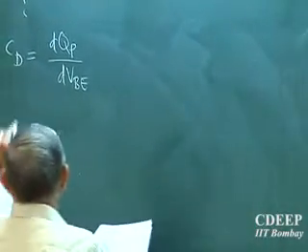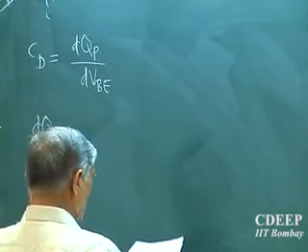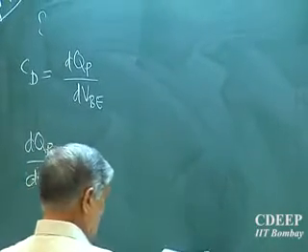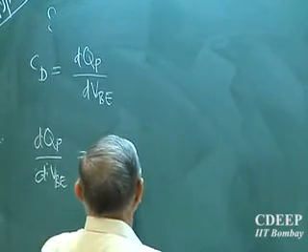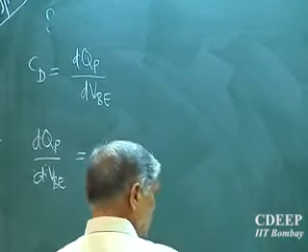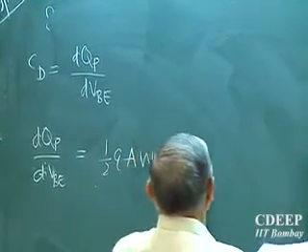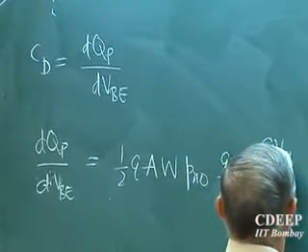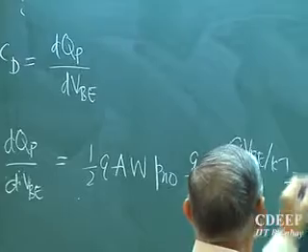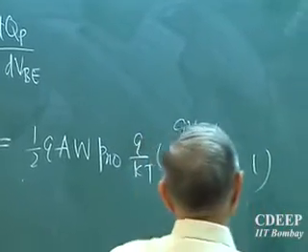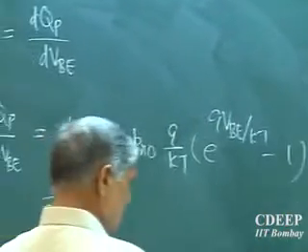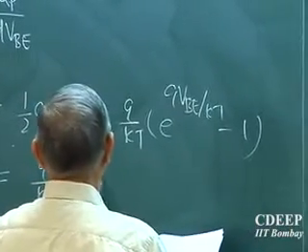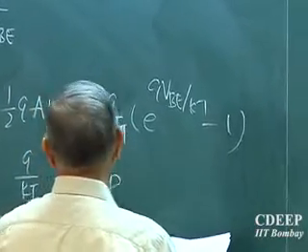So this dQ by dVB which I have, I directly write for you, is essentially half QAW PNO Q by kT e to the power QVB by kT minus 1, and since one is very small compared to the other one, this is Q by kT QP by tau P into tau P.